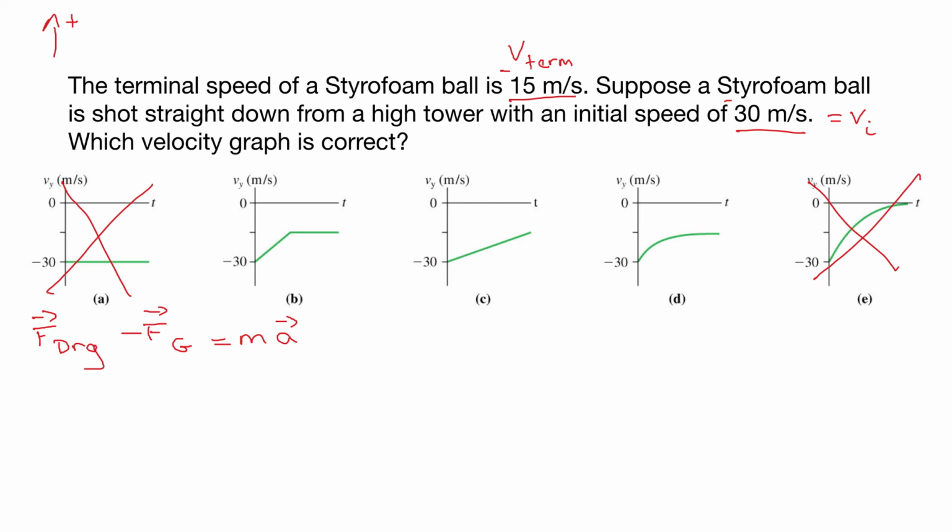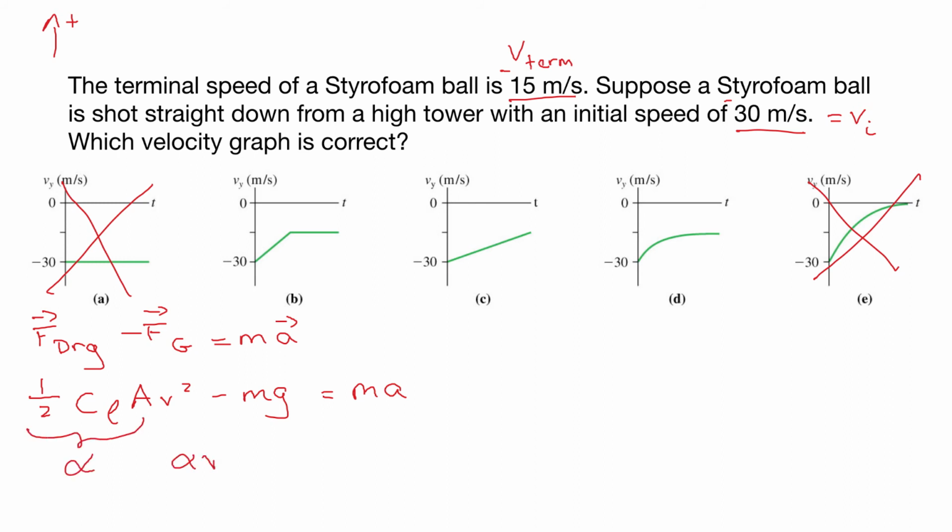Now, if I go through and think about what each of these forces happen to be, I can plug in for my drag force. I'm going to drop the vector signs now because these are all in the vertical y direction. And I'm going to call all of this stuff just alpha.